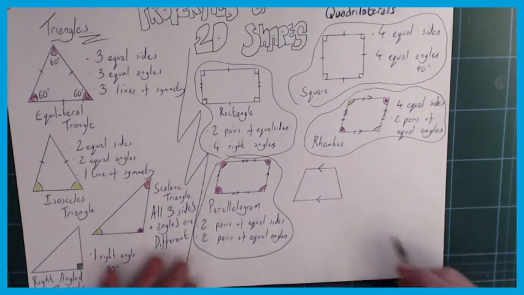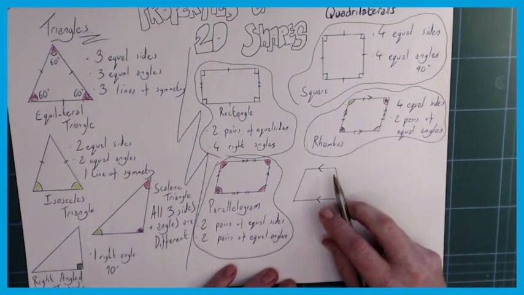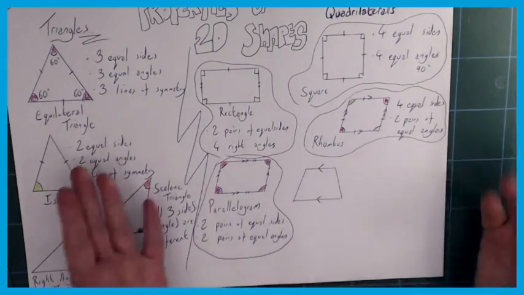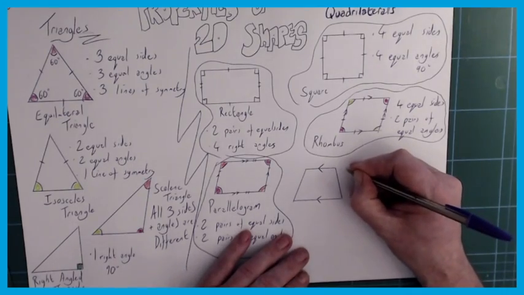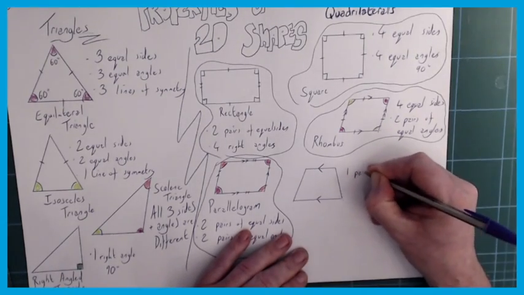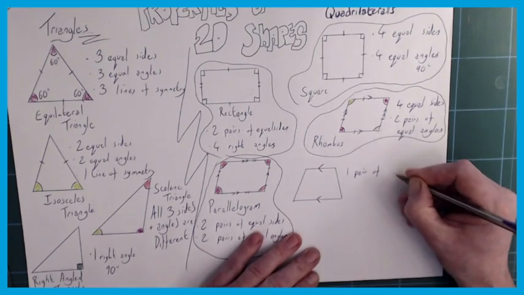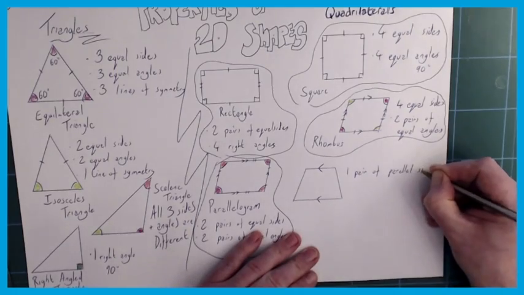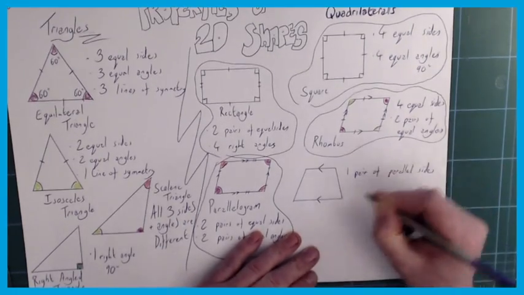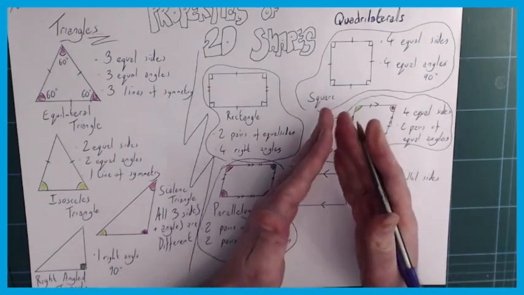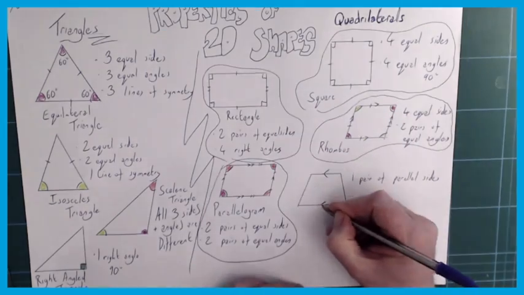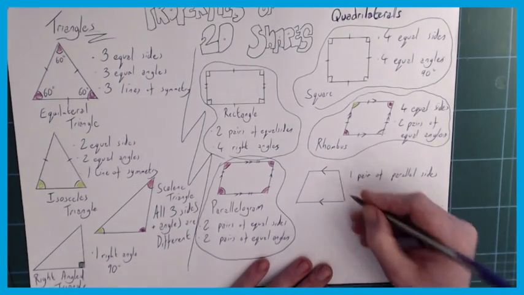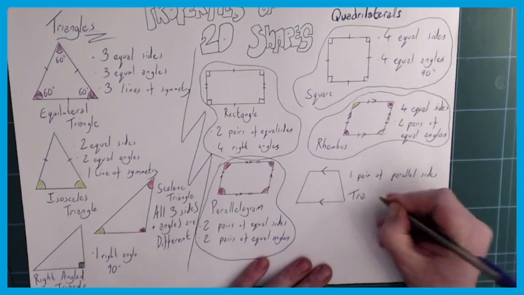And this has 1 pair of parallel sides. Now they can be equal, but they're not necessarily. So we just recognise it as having 1 pair of parallel sides, and these sides aren't. They could almost be, but they're not. It has to be just 1 pair of parallel sides, and the angles are irrelevant. And this is called a trapezium.